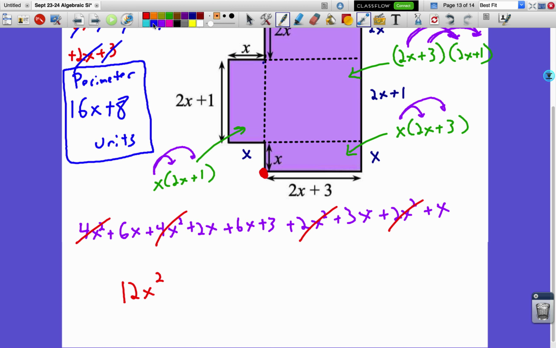Now I can combine my x's. 6x, 8x, 14x, 17x, 18x, plus 18x. Now combine the constants. Just the 3 is the only spot where we have a constant. Yep, so it's just plus 3. And then we can say units squared for our area.